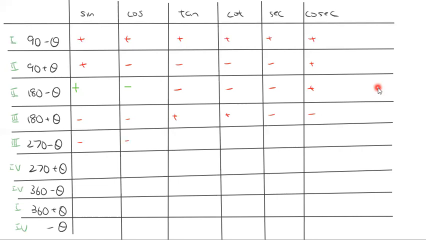Cosine is negative, positive, positive, negative, negative. And it's negative, positive, negative, negative, positive, and negative.